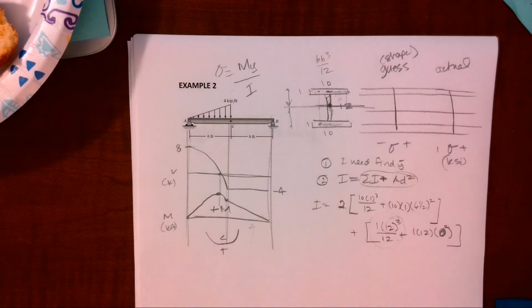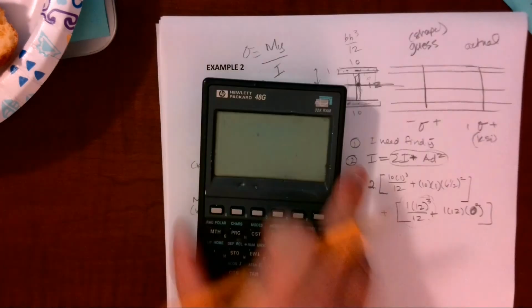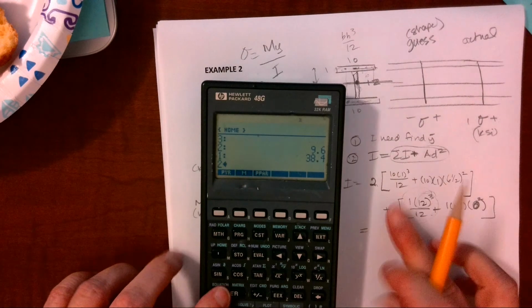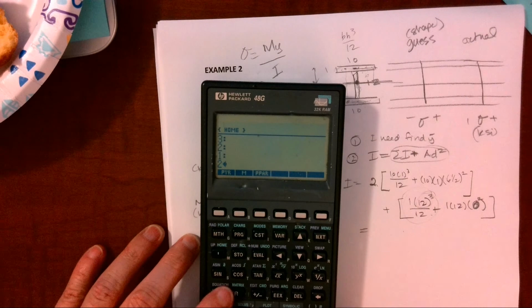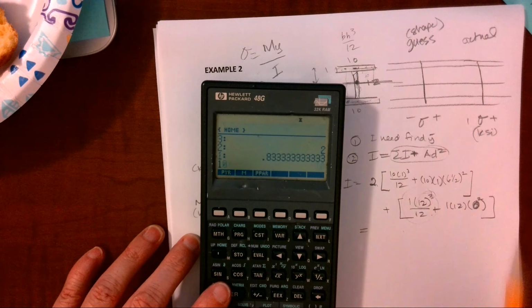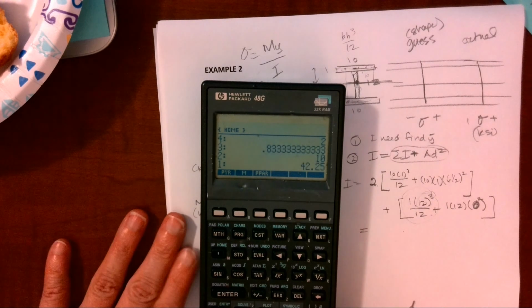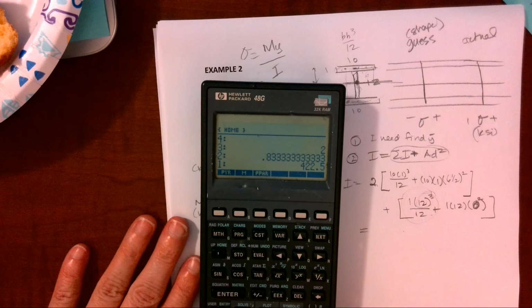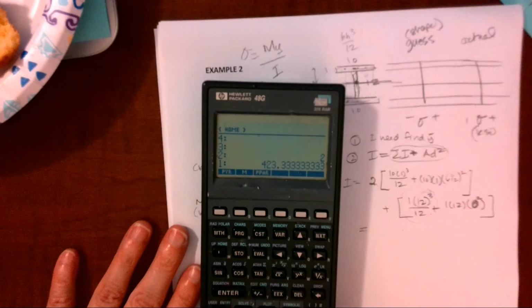So we now have an equation for I. So let's get this worked through. We have 2, enter, 10, enter. I'm going to clear everything. 2, enter, 10, enter, 12 divided by, and then we have 10 times 1, and then we have 6.5 squared multiplied by 10, added to 0.833, very tiny, times 2, and now we're going to move down here.